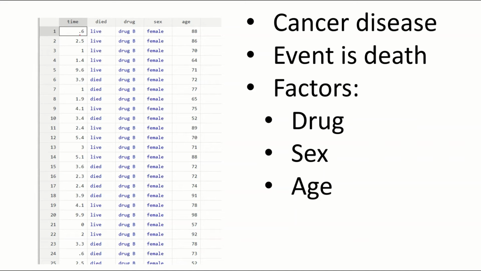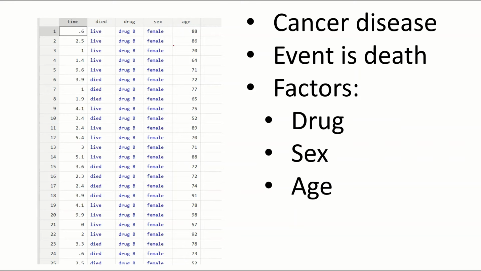So the first individual survived for 4.6 years, the second 2.5, and the third one is 1 year, until the event happened or until they left the study. The second variable, which is the event, is the death, as death here is given a value of 1 and still alive is given a value of 0. So these 2 variables are the survival data variables.